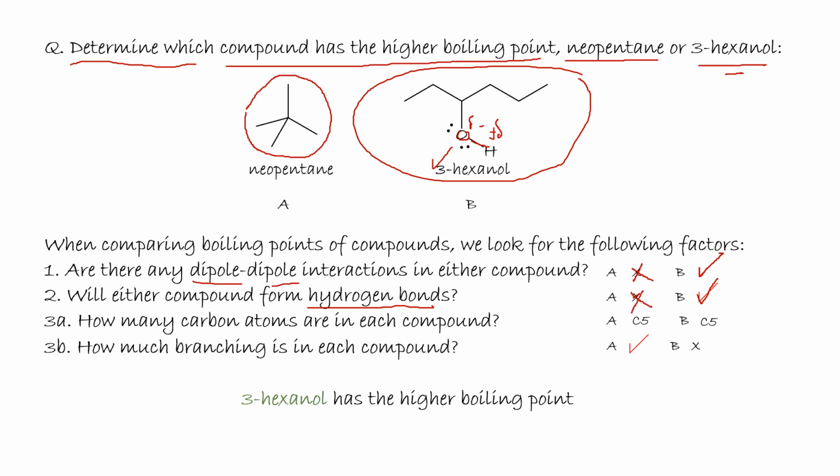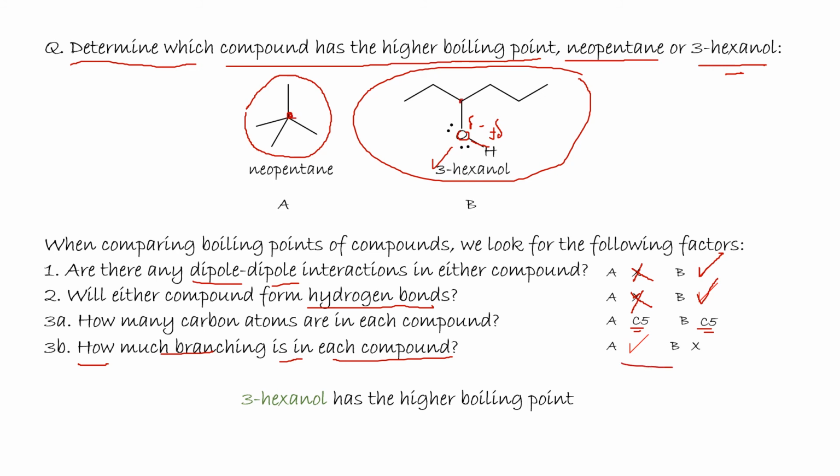How many carbons? I'm looking for the molecular weight. This is C5 and this is C5. But here the molecular weight is of course higher because of OH. How many branches in each compound? The branching here is more than in here.